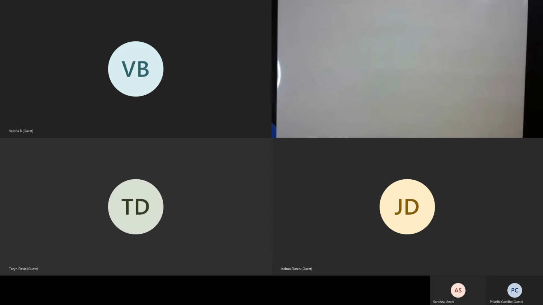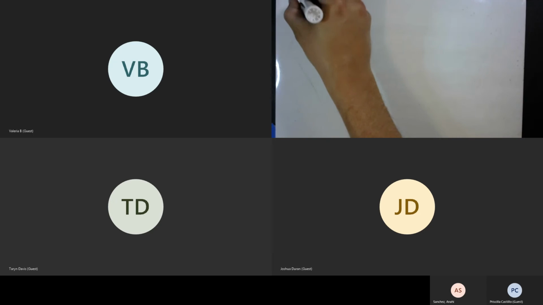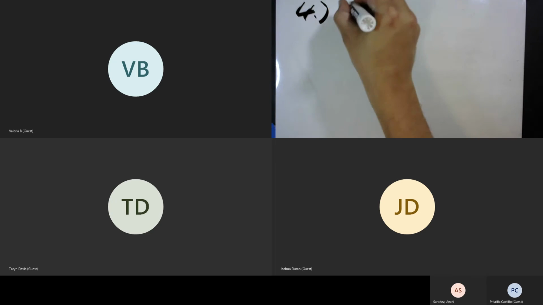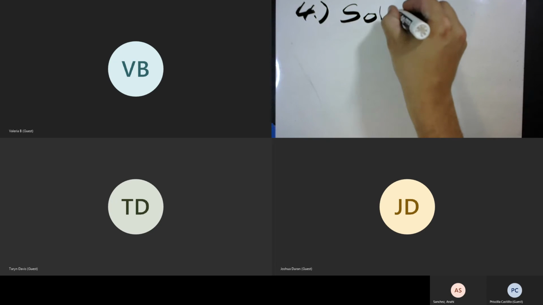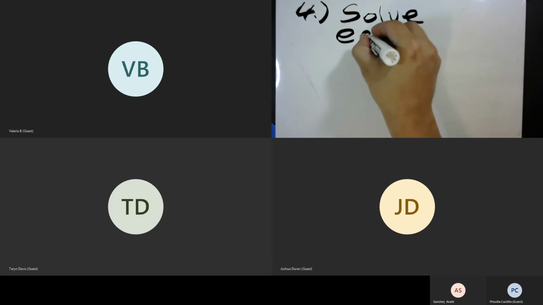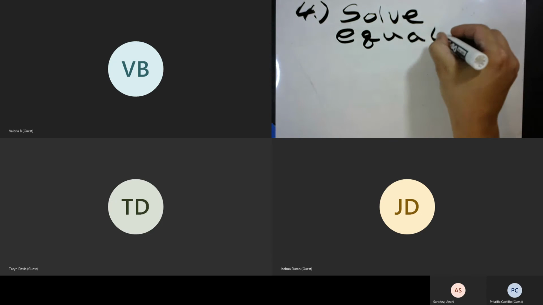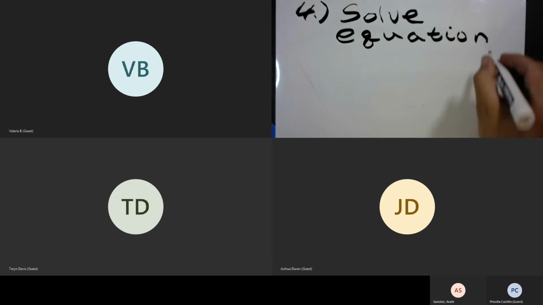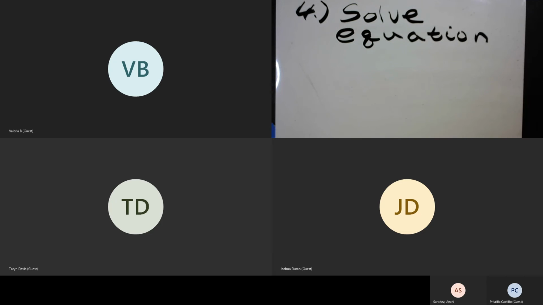Once we have our equation, we're going to solve the equation. And that's just using the techniques of algebra we looked at last time.